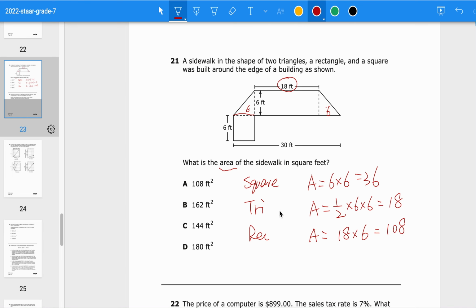Don't forget, we have 2 triangles, so the total for triangles will be 18 multiplied by 2, that is 36. So the total area will be 36 plus 36 plus 108, which is 180. D is correct.